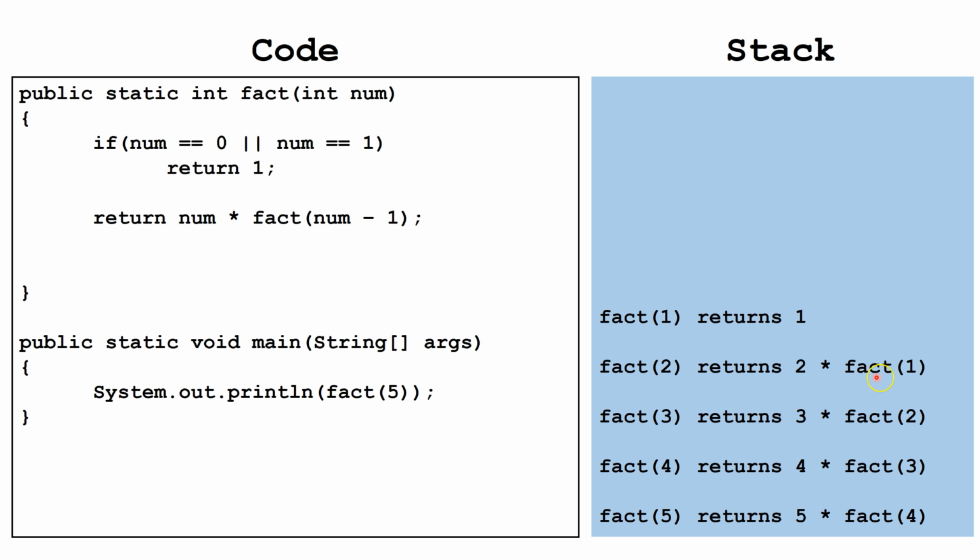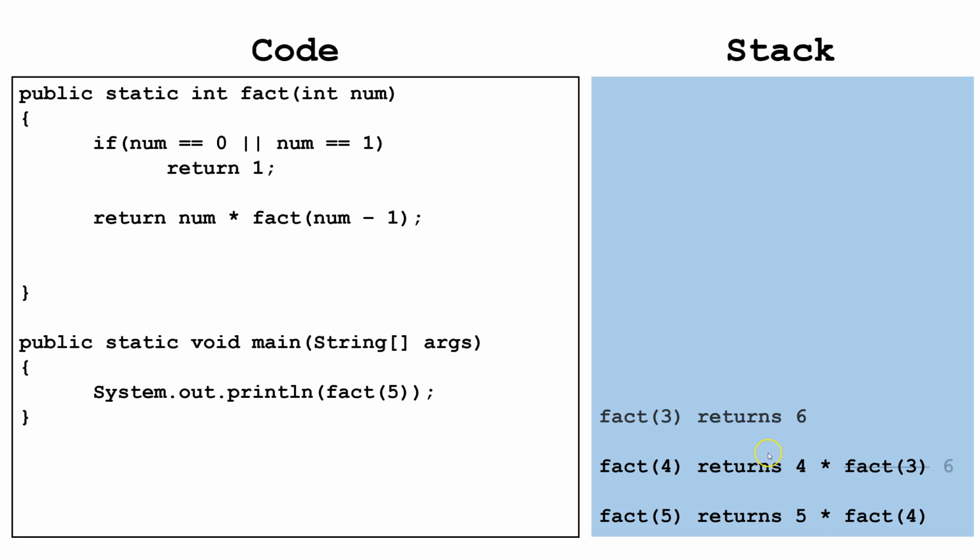Now we're going to plug these things in as we pop items off the stack. So we know fact 1 returns 1. So we cross this out, put in the 1, and we pop the top thing off the stack. Next, we calculate 2 times 1 is 2. So fact 2 will return 2. Pop this off the stack, and then replace the call to fact 2 with the 2. Next, we calculate that 3 times 2 is 6, so we know fact 3 will return 6.